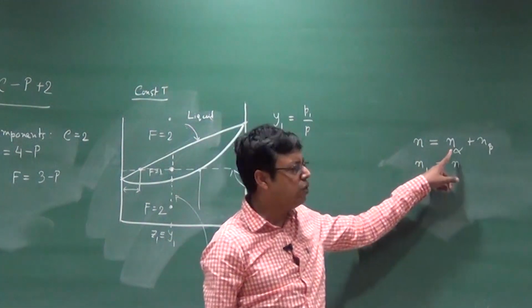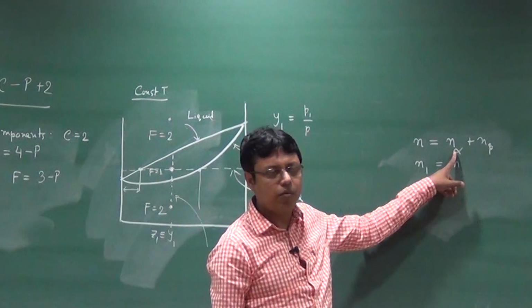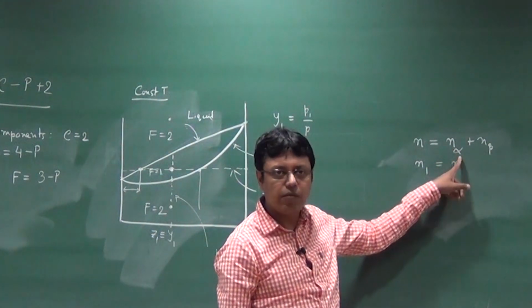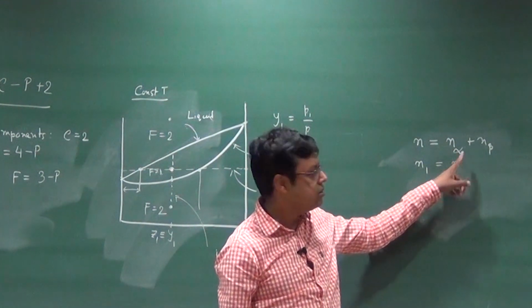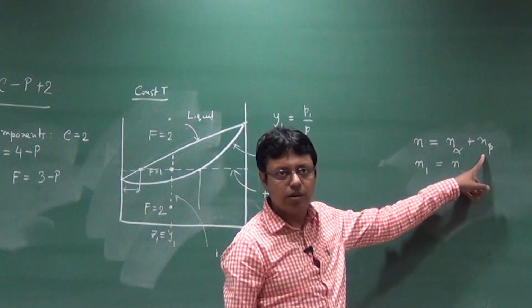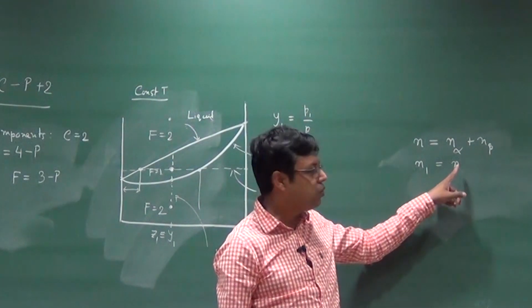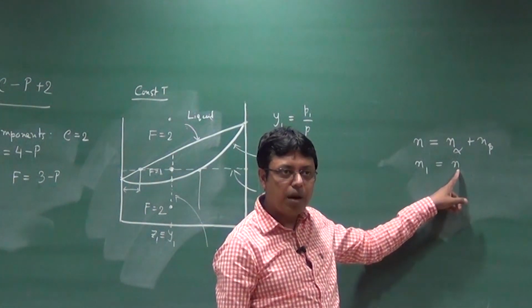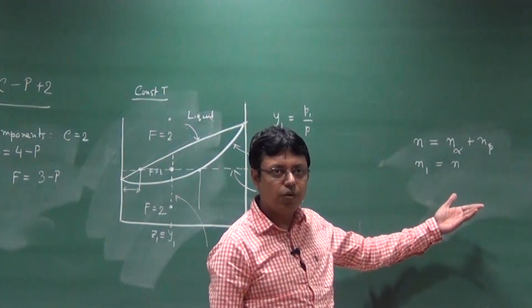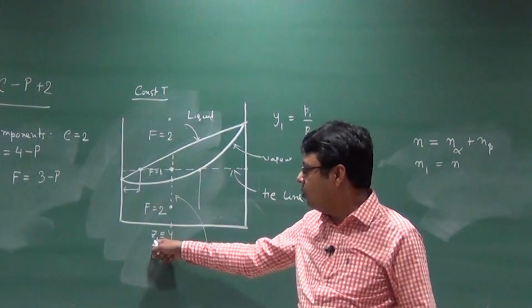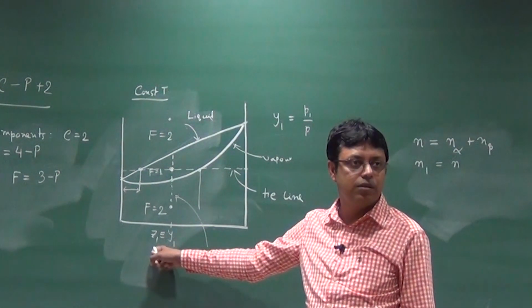This means the total number of moles of water and the total number of moles in the alpha phase, which is the liquid phase, and in the beta phase. If I ask you what is N1, N1 means the total number of moles multiplied by the overall mole fraction, meaning Z1.